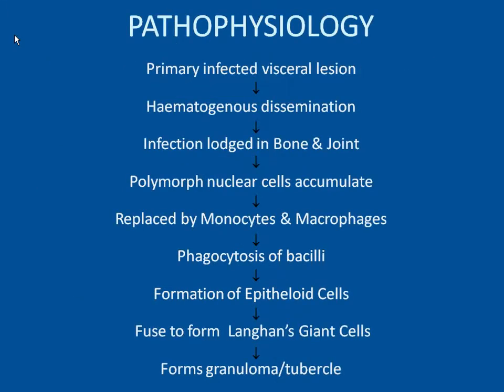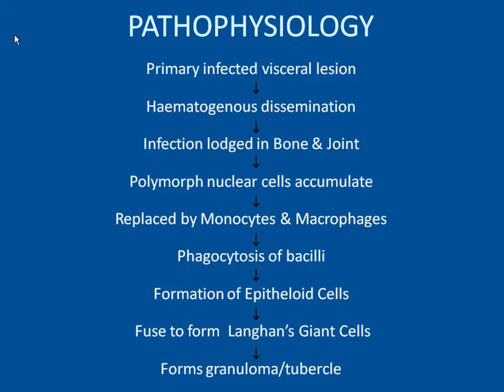eradicating the disease. As we look at the pathophysiology, the primary infected visceral lesion comes up with hematogenous disseminations, and then infection gets lodged in bone, which is always secondary. And these basic cells, polymorphs, get accumulated and later replaced by monocytes and macrophages, and there is phagocytosis of the bacilli.